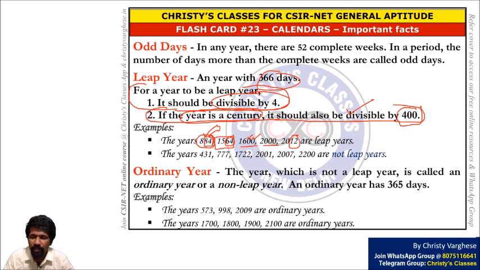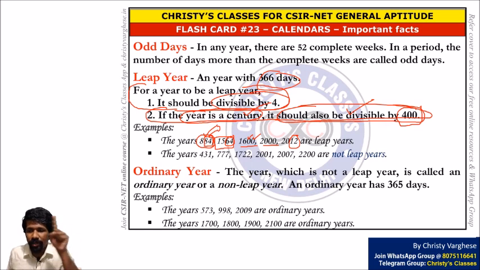A century is already divisible by 4, so you don't have to check divisibility by 4. You have to check divisibility by 400. That is an exception you should learn. If you are not already aware of it, please learn it now. For a non-century, the divisibility by 4 check is okay. For a century, the divisibility check by 400 is needed.